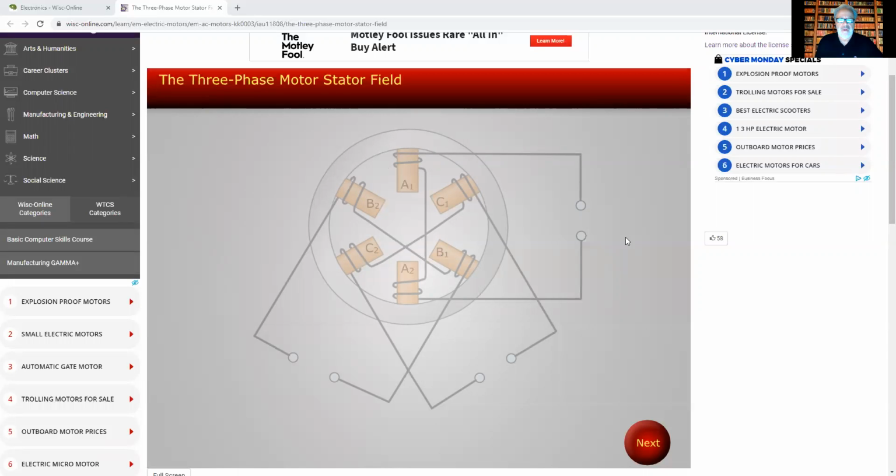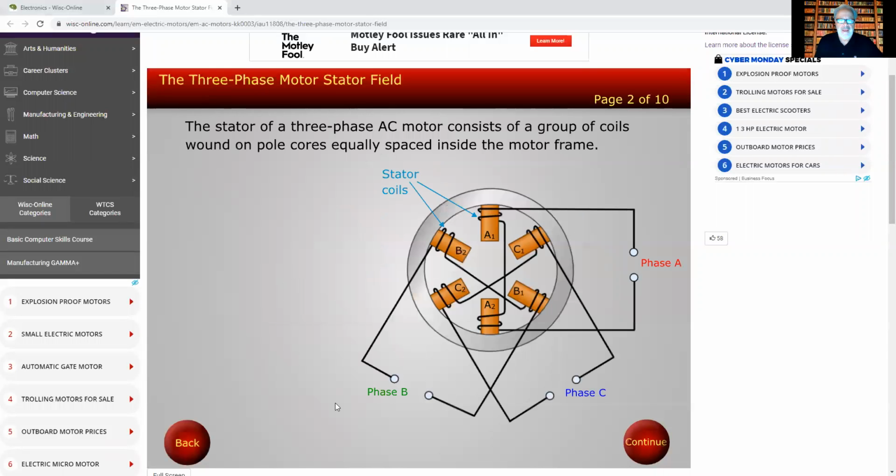Now, as I look at this, the stator of a three-phase AC motor has coils wound on pole cores that are equally spaced within the motor frame. If you think about 360 degrees all the way around, there are 6 of these poles.